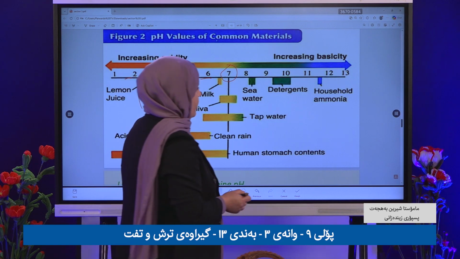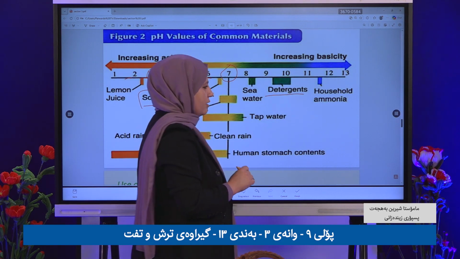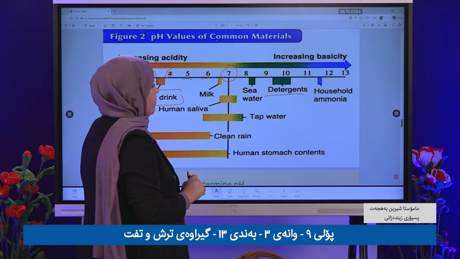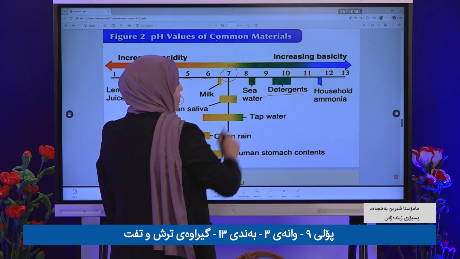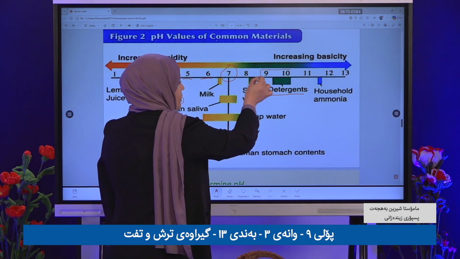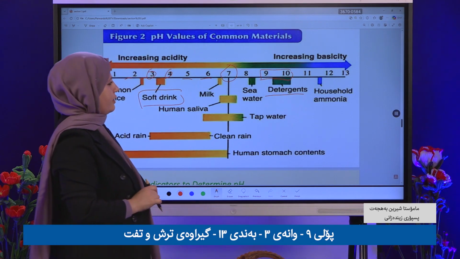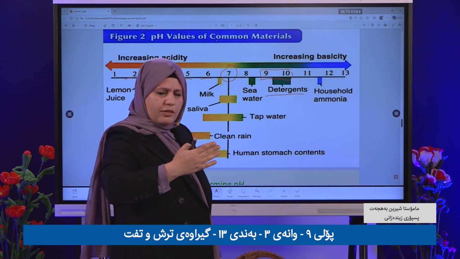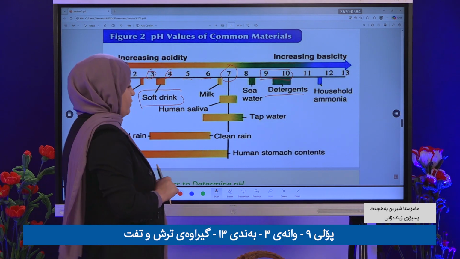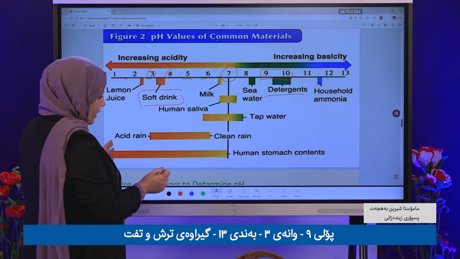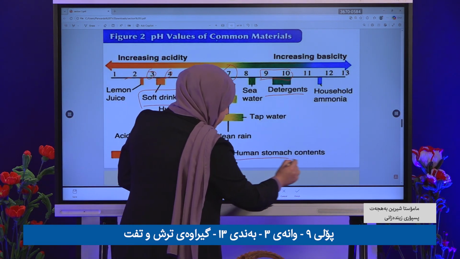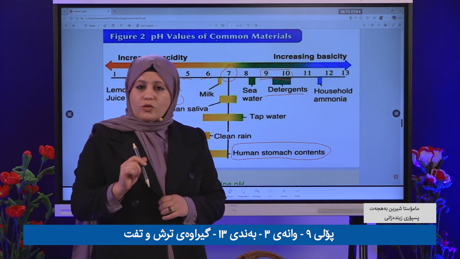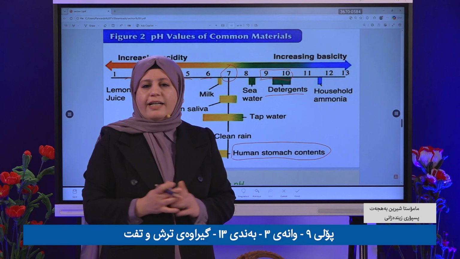And we have, for example, detergents. So be very careful when you use detergent at home. The number is between 9 and 10, which means it is a base. Okay, so what about the human stomach? The human stomach contains acid. Which kind of acid? A strong acid called hydrochloric acid. Clear?